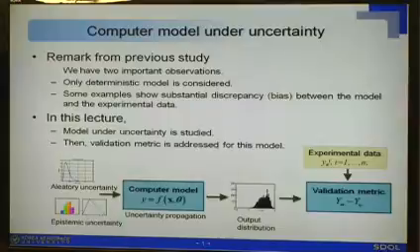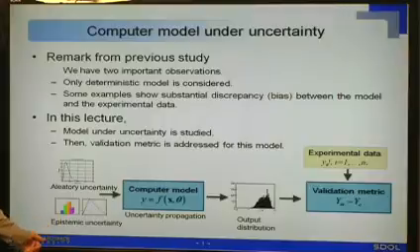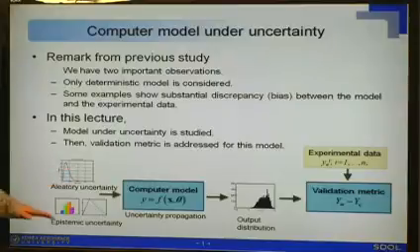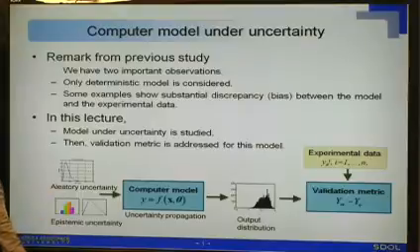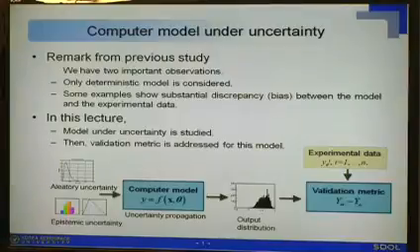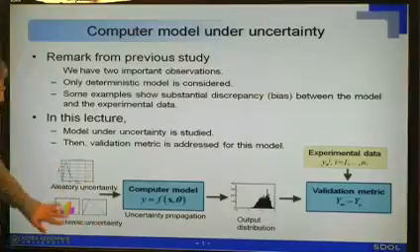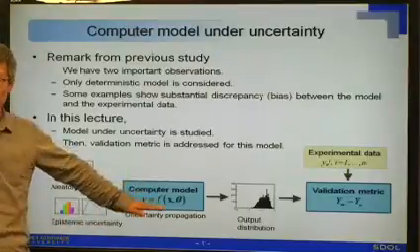The other case was the epistemic uncertainty. It comes from the lack of our knowledge on that parameter. In contrast to the other one, it can be reduced if we have further knowledge of that. We'll show these two cases using a simple example today, and put this uncertainty into the computer model.